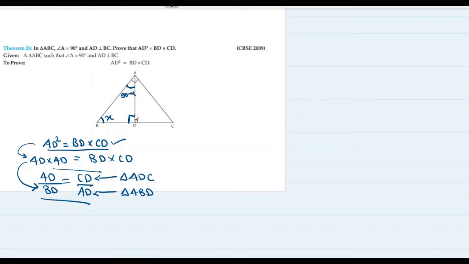Now this angle is also 90. The whole angle over here is 90, and this part is 90 minus x, so this part will be just x, and here we have x and 90, so this angle will be 90 minus x.